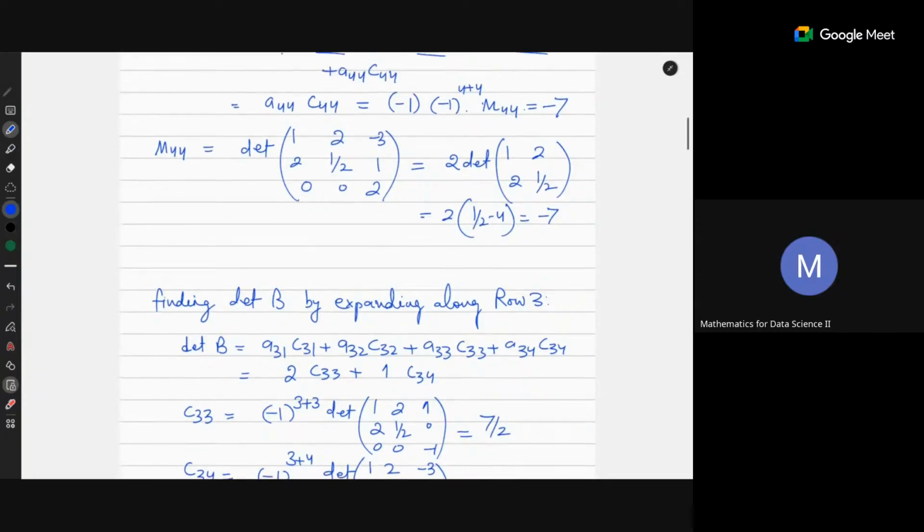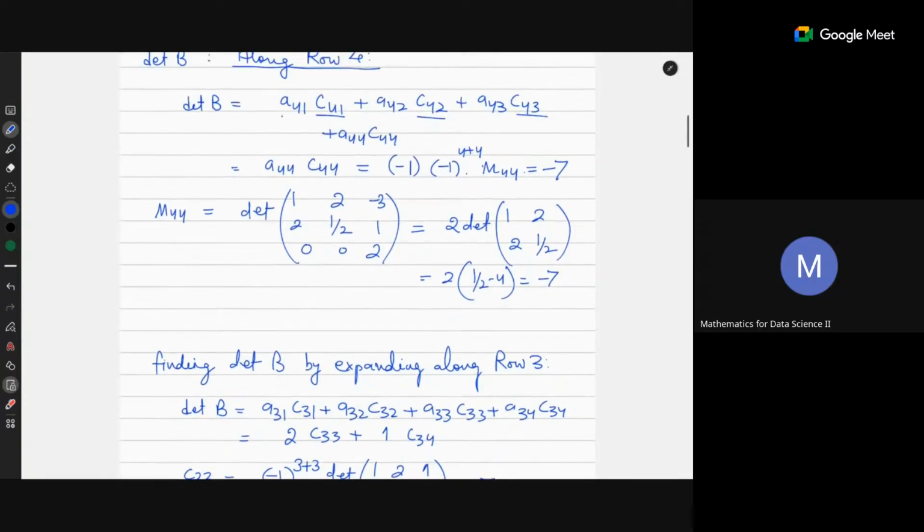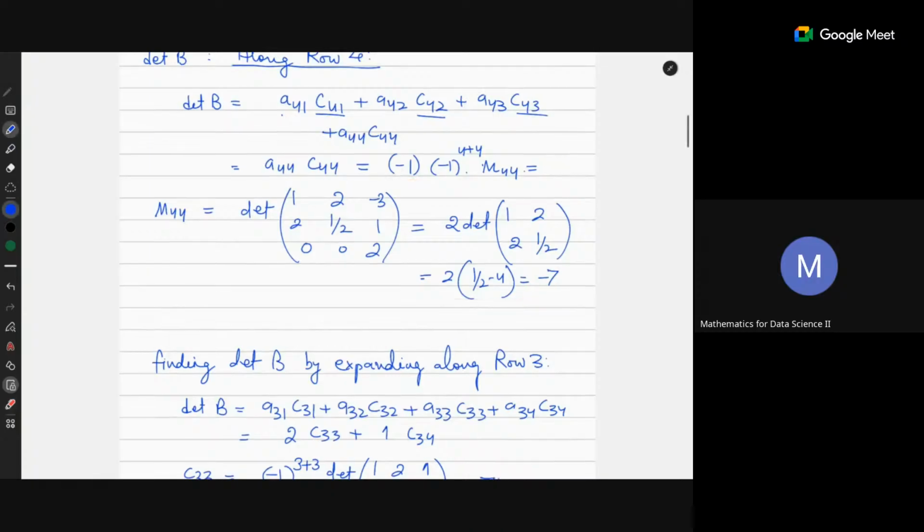It should be 7 over here also. So there must be some computational mistake. It was coming out to be minus 7, and here there was a factor of minus 1. So it should be 7.